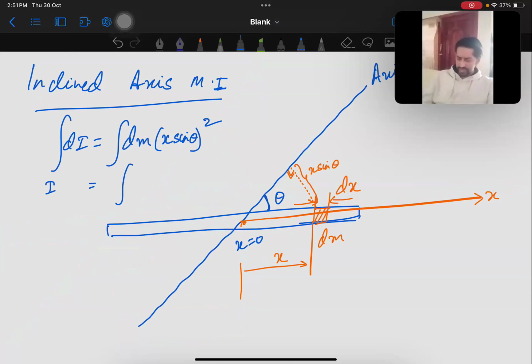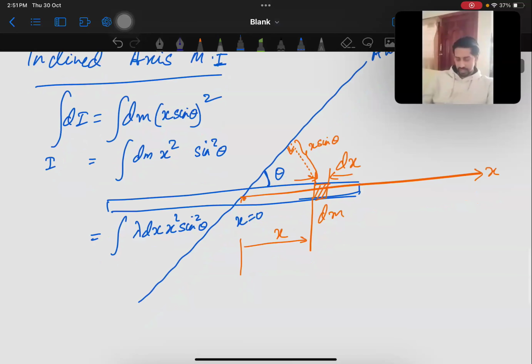You can take the sine square theta outside, and it would be dm into x square. And what would be dm? Lambda dx times x square times sine square of theta. What would be the limits of integration? The lowest possible value of x to the highest possible value. That means from minus L by 2 to plus L by 2. Substitute that over here. What do you get?